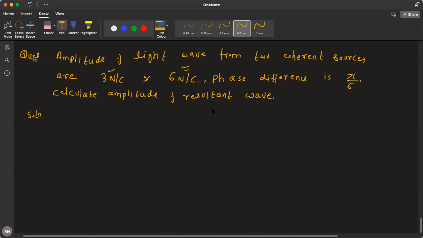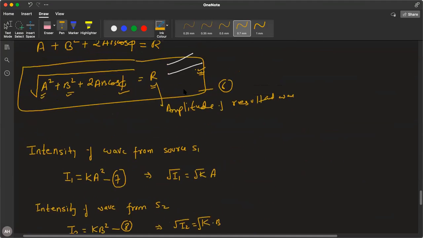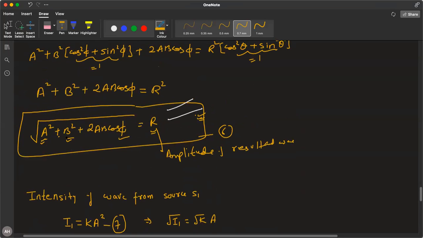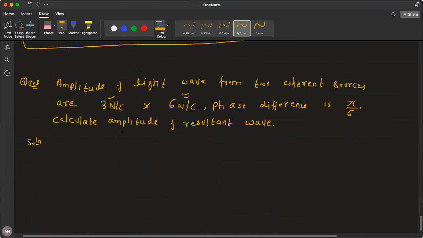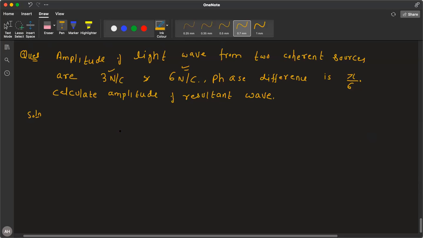It's okay. Just put all values in this equation. A is 3, B is 6, phi is pi by 6. Okay, Noor. Okay, Abdullah. I will just check your calculations. What about the rest? Mariam, are you doing it?